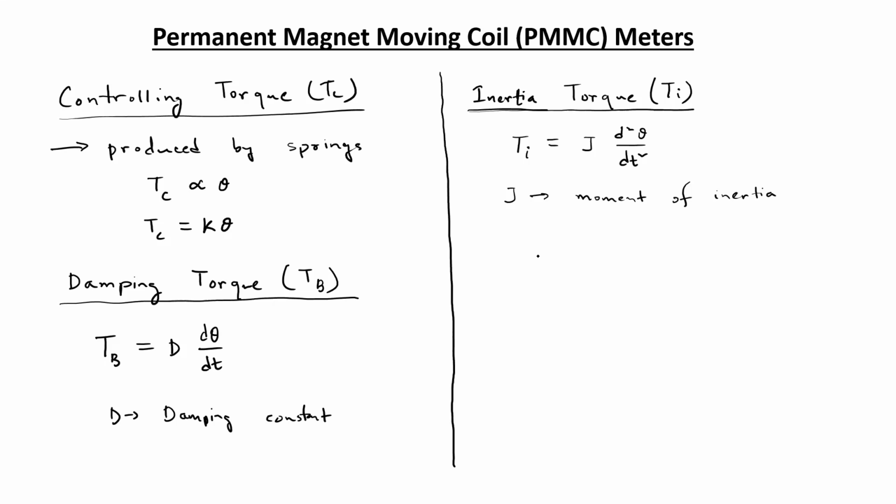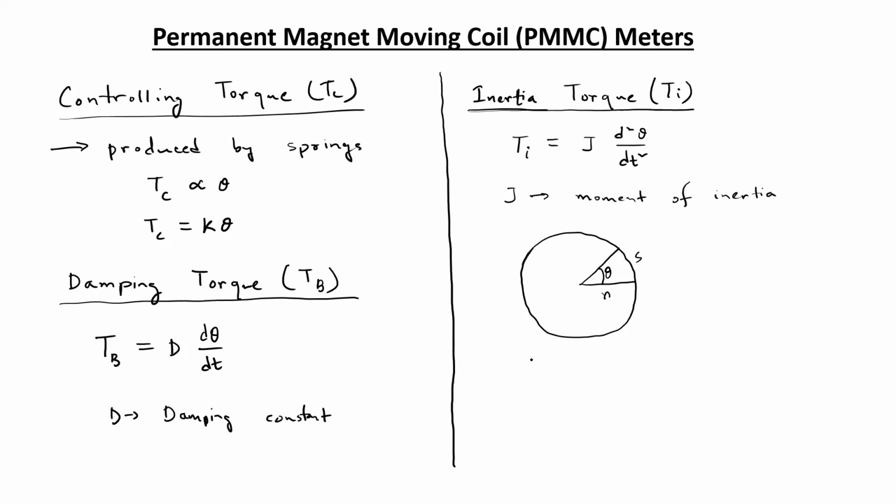So it can be related in terms of the distance that is covered in the circular trajectory. So if this is a circular trajectory that might be covered by a particular coil arrangement, let's say a particular displacement of theta will result in an arc length of s along the circular periphery.